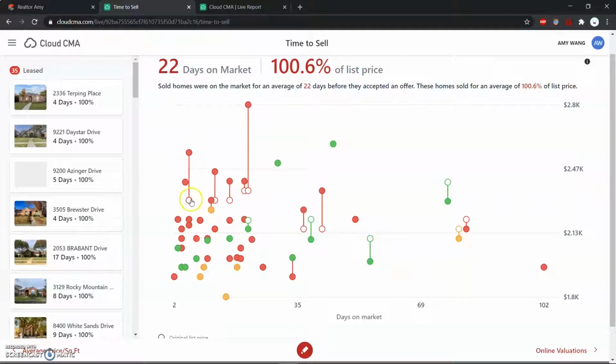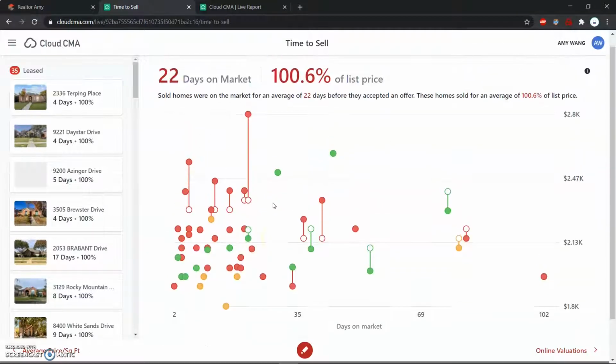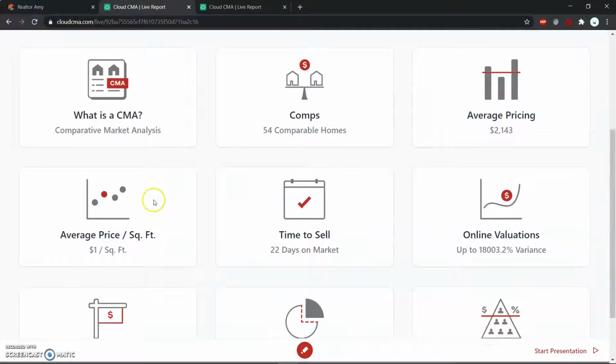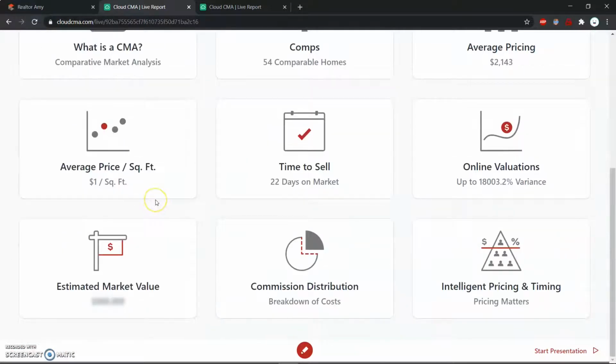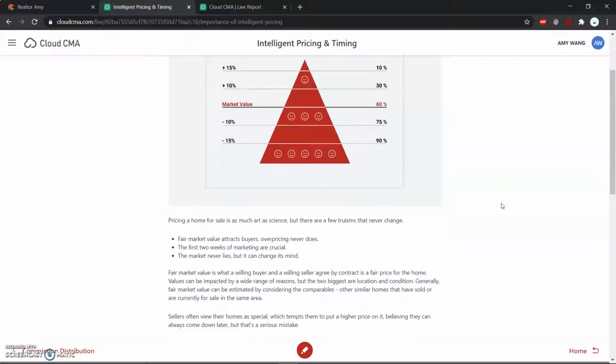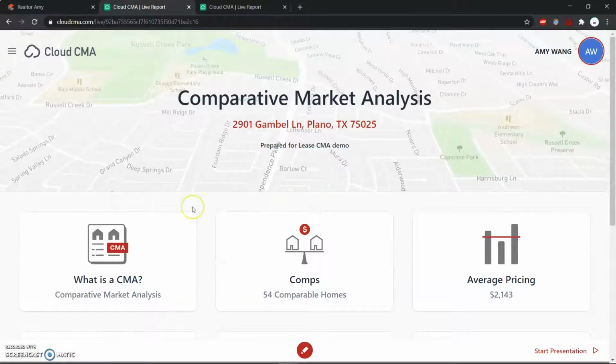This circle is the listing price, and the solid circle is the close price. This 100.6% is the average ratio of the closed price to the listing price. There is also some common knowledge about commission distribution, intelligent pricing, and timing to give you information on how to set the lease price smartly.